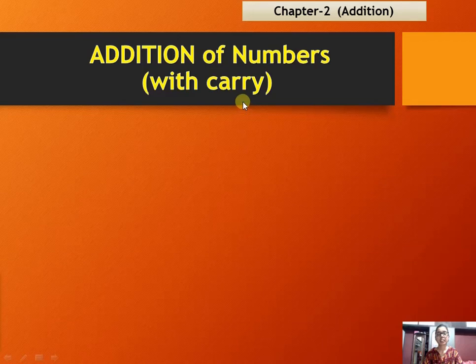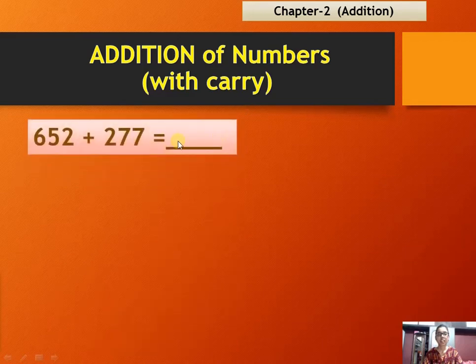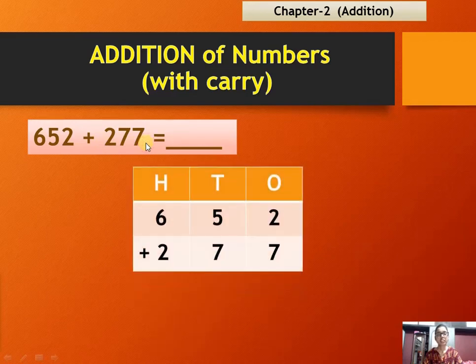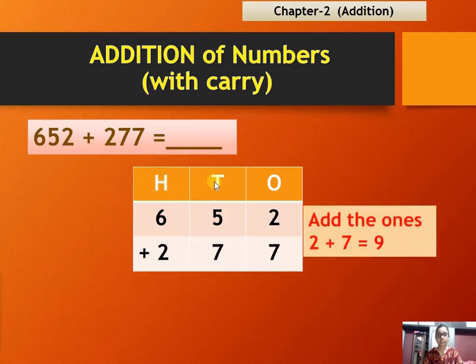Addition of numbers with carry. Here we have given a question 652 plus 277. So for adding these two numbers, first we will arrange the numbers in columns. Then as we know that we always start addition from the right side.